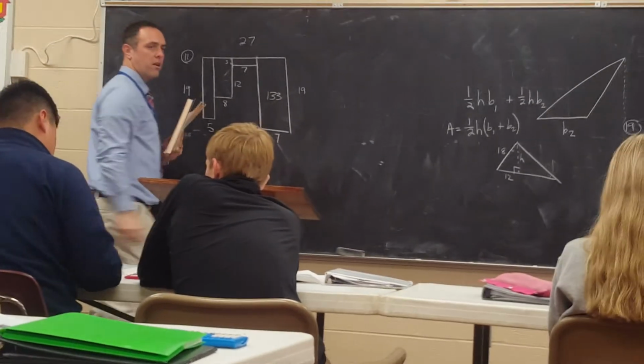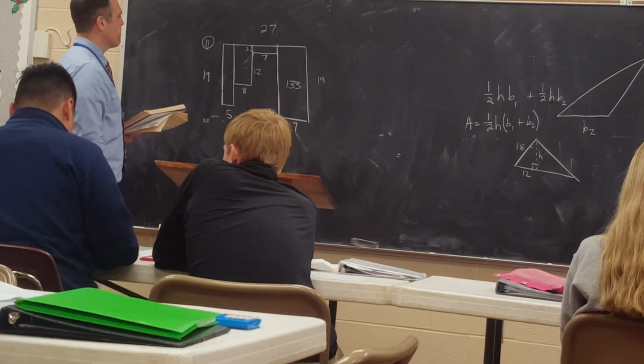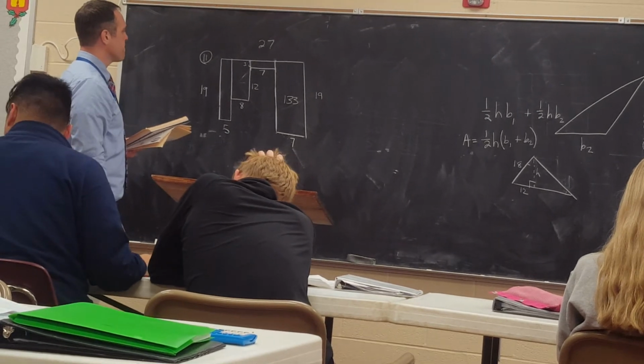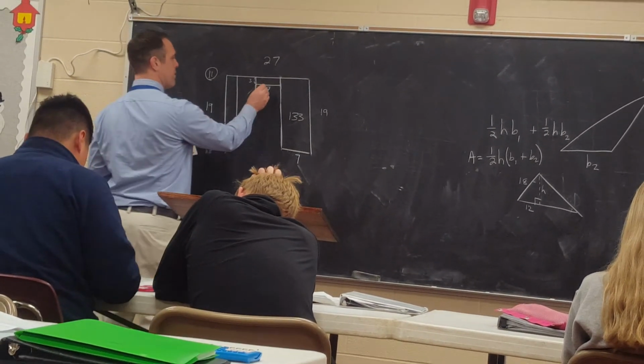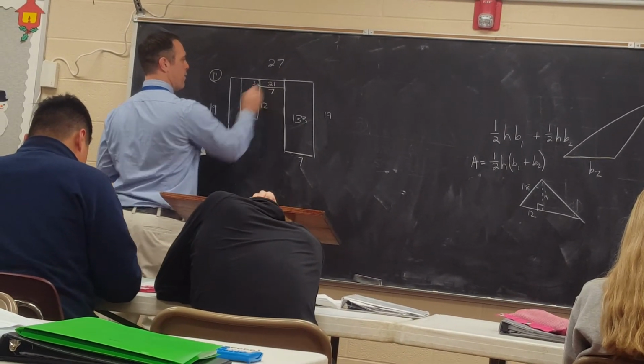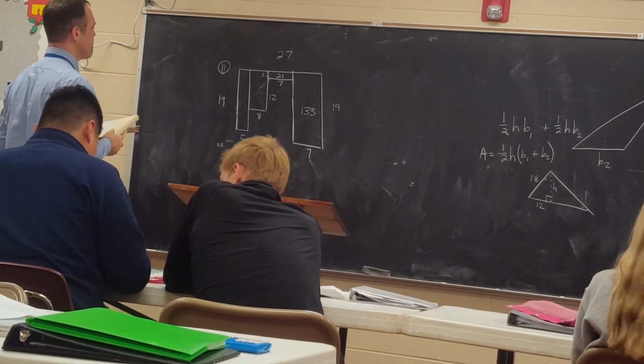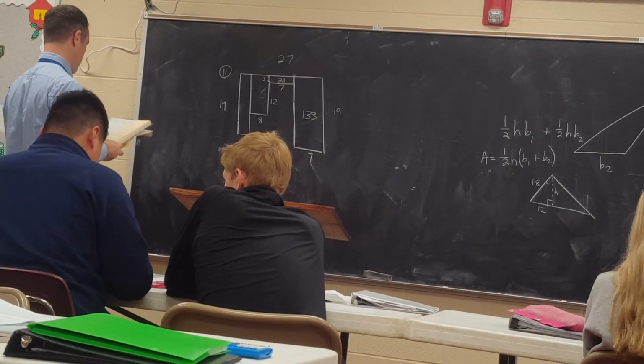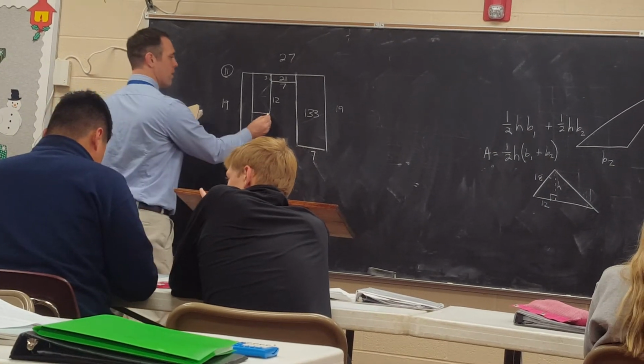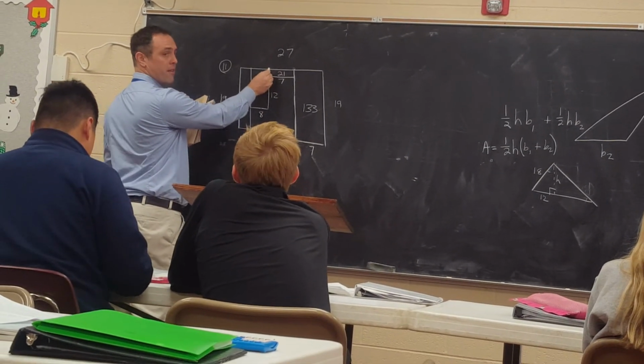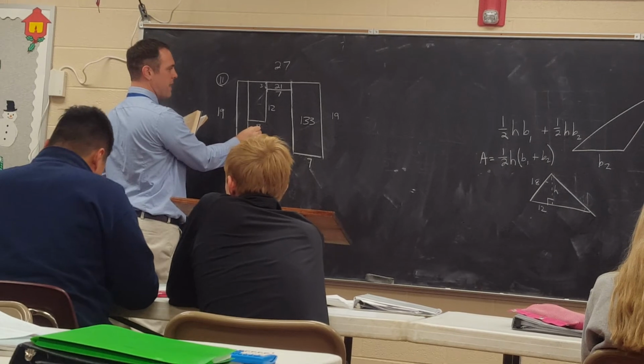So that's 7 right there. So then 7 times 3, that would be 21. And this is 12 plus 3 is 15. 15 times 8.